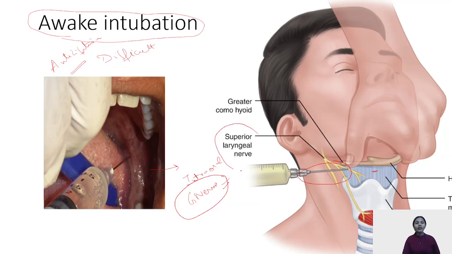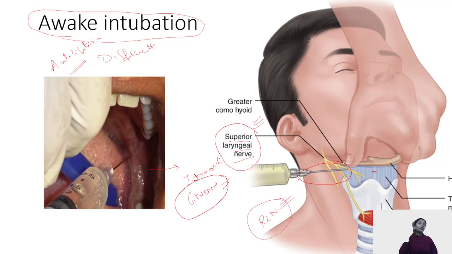The superior laryngeal nerve. The glossopharyngeal nerve is for the gag reflex, and the superior laryngeal nerve is for the cough or the pharyngeal reflexes. And the last thing we do is pierce the cricothyroid membrane. The membrane between the thyroid cartilage and the cricoid cartilage is pierced, and we block the recurrent laryngeal nerve to suppress the cough reflex.